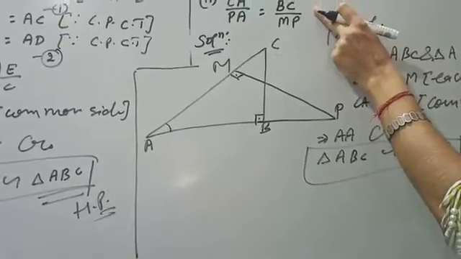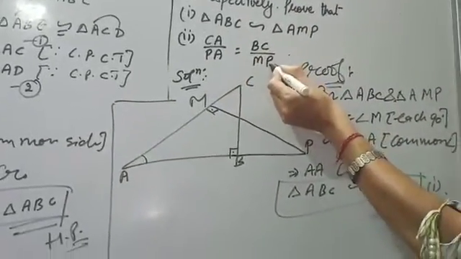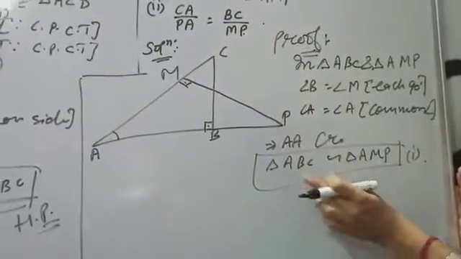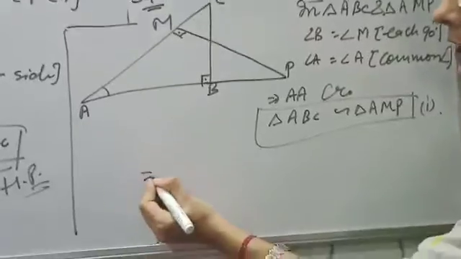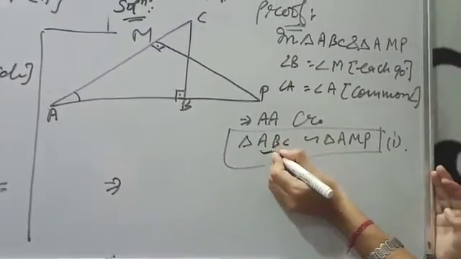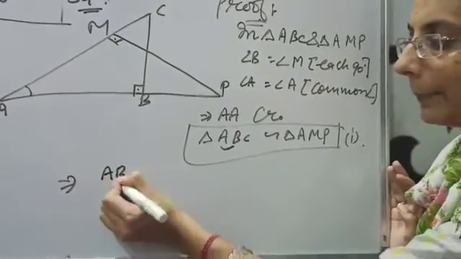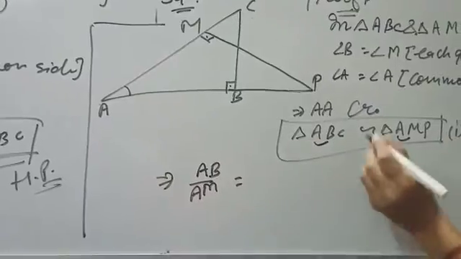Now to prove the second part, it says that we have to show that the ratio of these two parts are equal. We have used the angle criteria, so this implies these two triangles are similar, then we will take the corresponding parts. Here AB corresponds to AM, and these ratios will be equal.